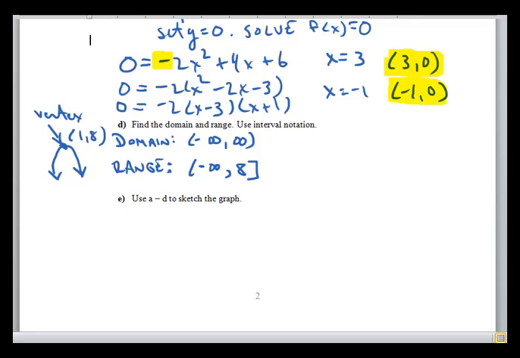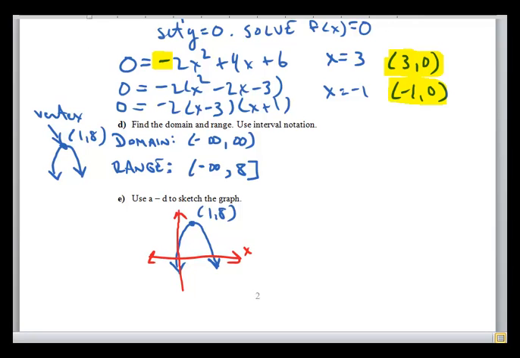Okay, and then it says use the previous parts to sketch the graph. Well, I mean, you can just sketch the graph first, like I did up there. So just do this. Alright, it looks something like this. And I know this point here is 1, 8, which means that my axes are probably right here and right here.